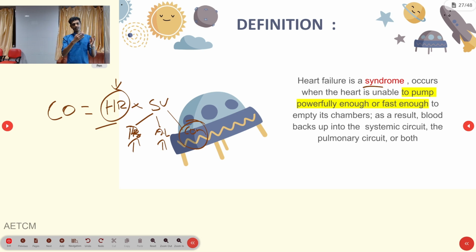Thereby the chamber content and the ejection content will reduce, and that will cause heart failure or cardiac failure. It will ultimately result in blood backing up into the systemic circuit, pulmonary circuit or both. If the heart is unable to receive blood, the blood will stagnate everywhere, in the pulmonary circulation as well as the systemic circulation.